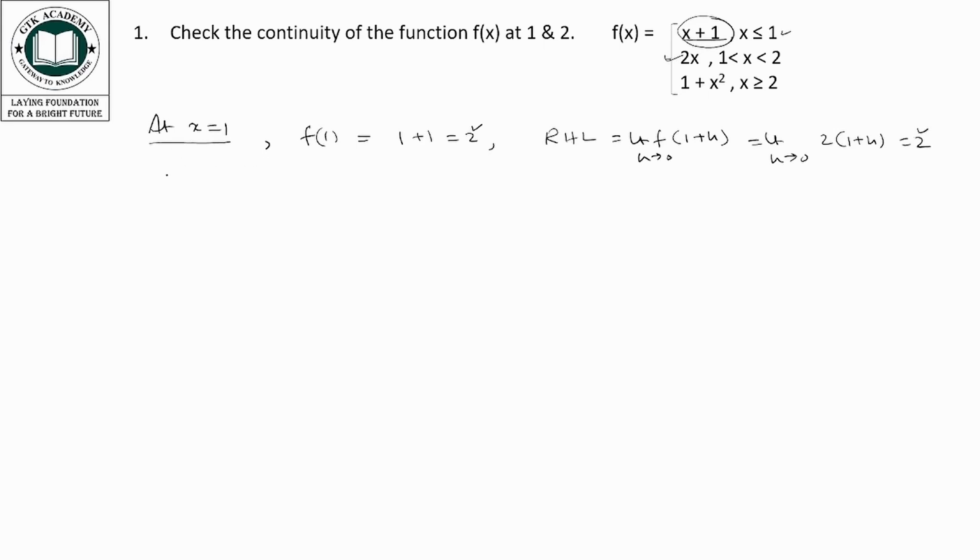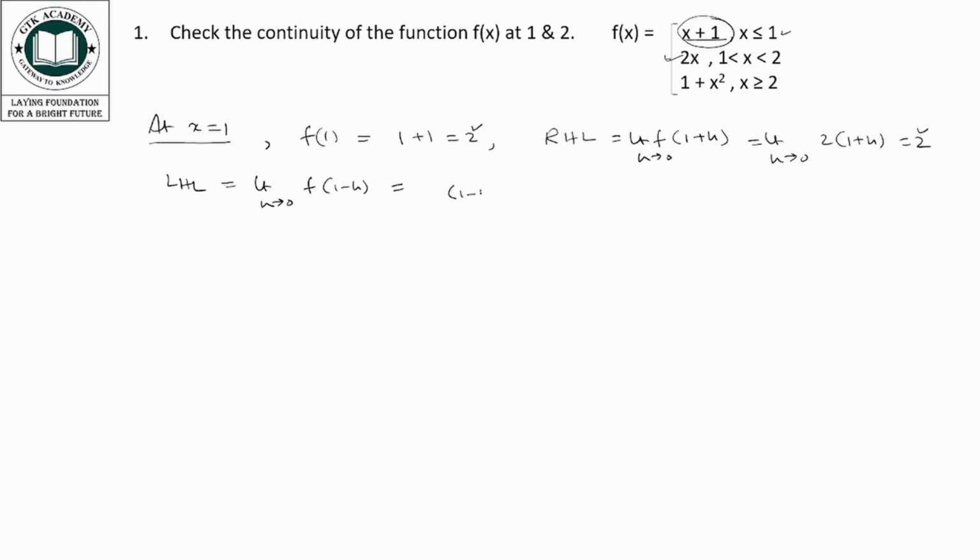Let's see what our left hand limit is. It is equal to limit h tending to 0 of f(1 minus h). When x is less than 1, the function is defined as x plus 1.